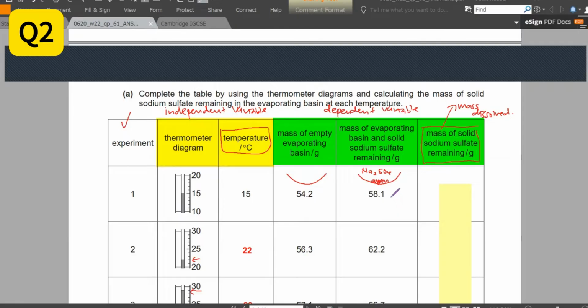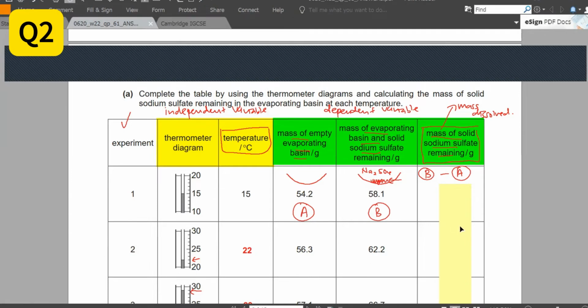Let's say this is A, this is B. So how do we find out the mass of the sodium sulfate? Mass of the sodium sulfate will be B minus A. So the evaporating dish with the sodium sulfate minus the empty evaporating dish, straightforward. We can do this for all of them.